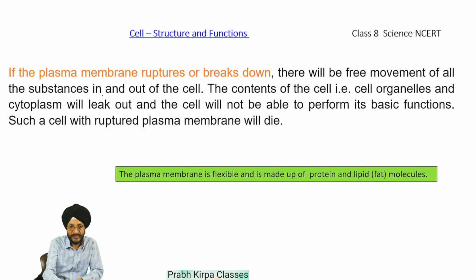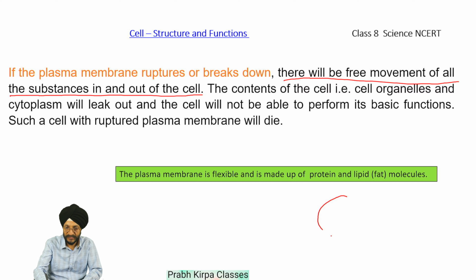Now, another question arises: if the plasma membrane ruptures or breaks down, what will happen? If the plasma membrane ruptures or breaks down, there will be free movement of all the substances in and out of the cell. Suppose this is the cell and this is the outer covering, the plasma membrane. If it breaks from here, what will happen?